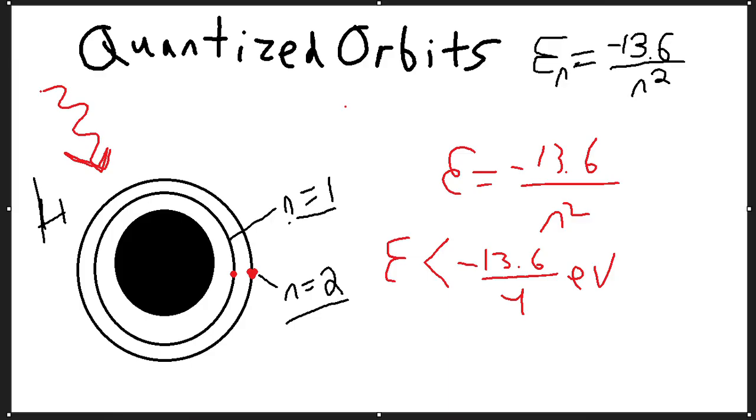But also if it has a little bit extra energy, if it's a little bit more than that, then it doesn't work either. It has to be exactly equal to, otherwise it won't work. It's a little weird compared to classical physics, but this is what makes it different.